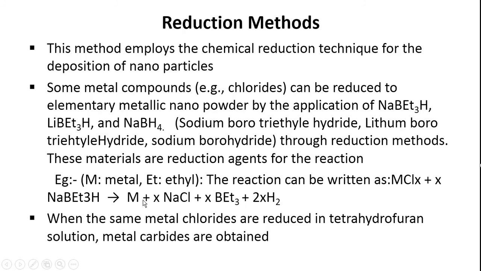That will give out the metal M plus x NaCl, sodium chloride, then x BEt3 and x/2 H2. So hydrogen is liberated during this reaction, and the metal particles will be liberated upon the material surface.